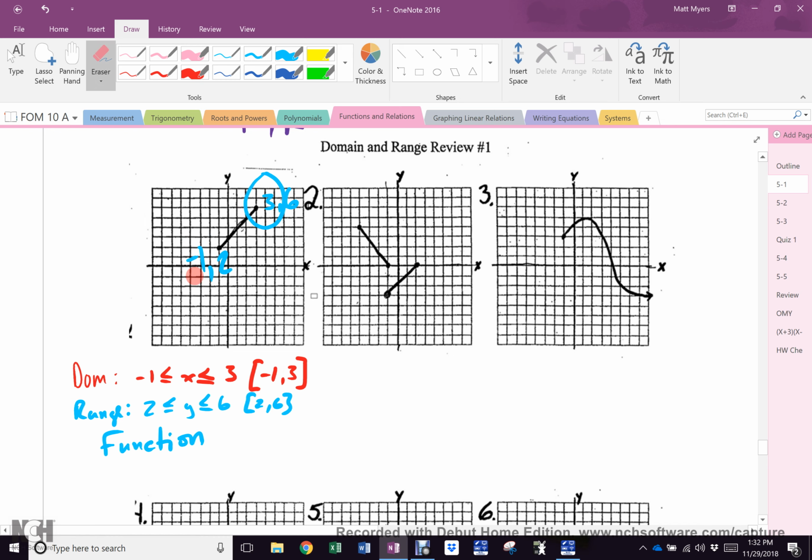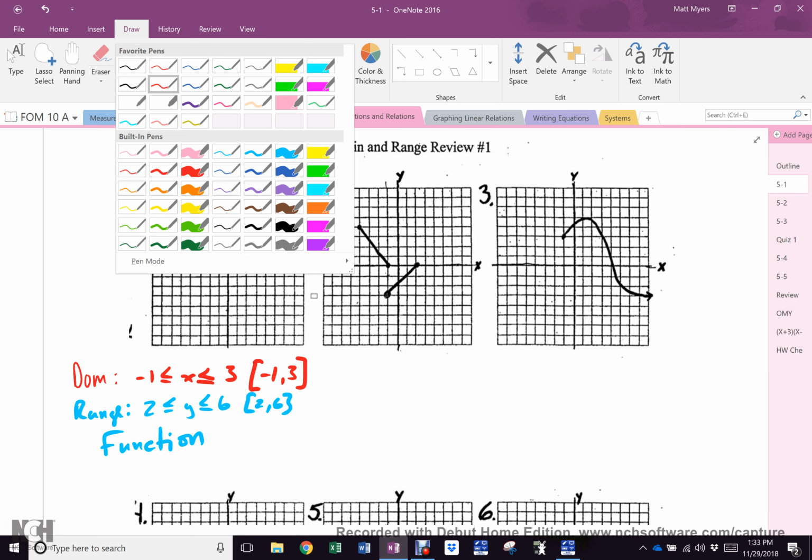Some kids were still having problems with it, so I showed them this instead. Notice that right here it starts. Everywhere that line has a y value is part of the range. So because it has a y value for all that, we count all that. I don't know if any of you needed that, but I'm showing it now to avoid the problem in the future.